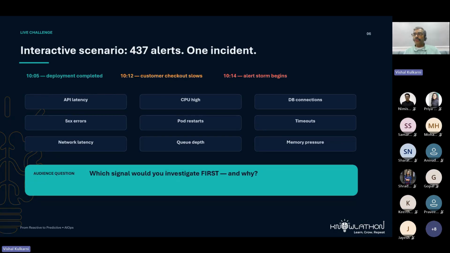If you have manual monitoring capabilities, you may have these nine options the moment an incident is raised and you have 437 alerts. These are the typical nine options which start lingering in your head, and you're still trying to figure out manually what could have gone wrong, right?